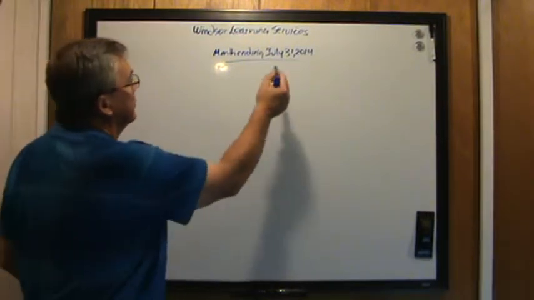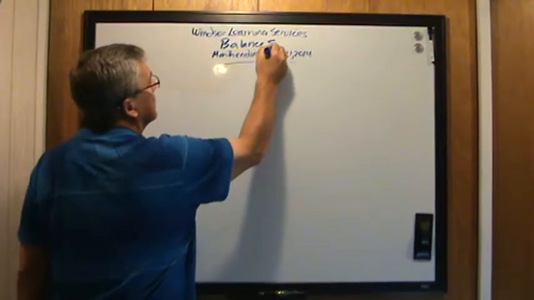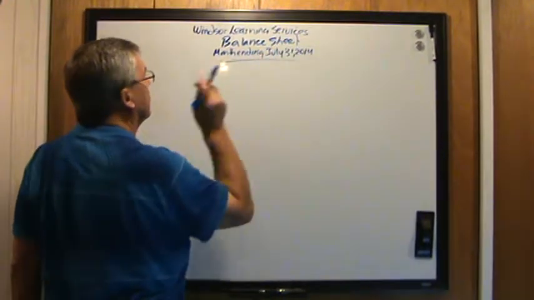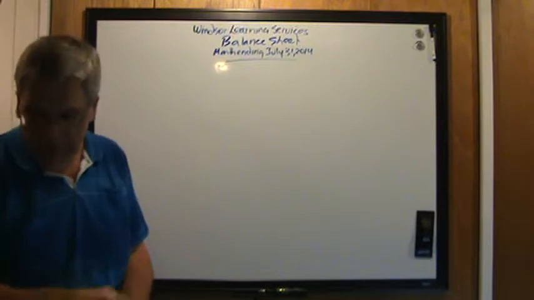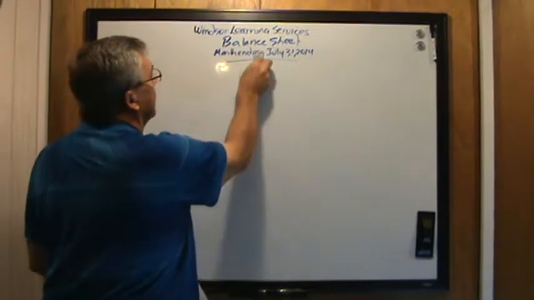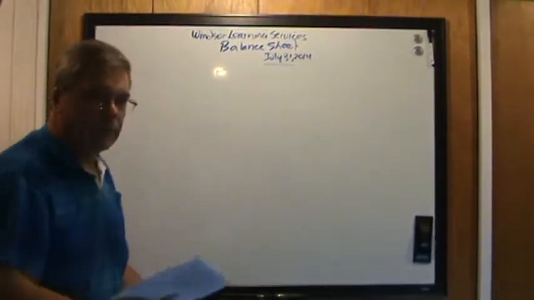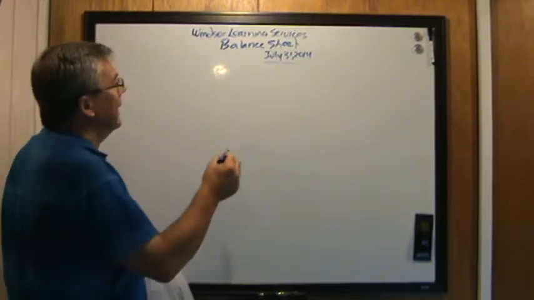All right, so Windsor Learning Service, the balance sheet is the final statement. And the balance sheet, as you remember, is a point in time, not a period in time. So we are not talking about the month of July, we're talking about the end of July.